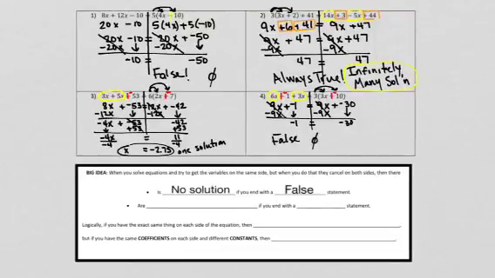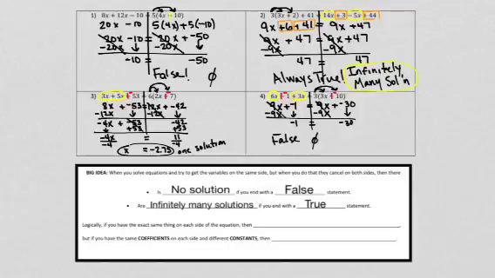And we saw one example where there were infinitely many solutions. The variables canceled out, but we were left with something that was true. So, when they cancel out and you're left with a true statement, there are infinitely many solutions.